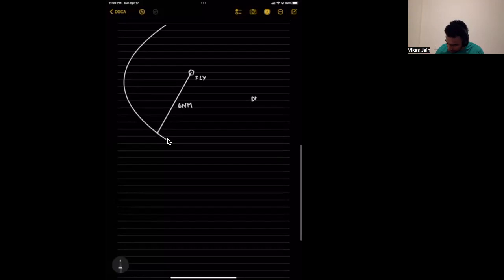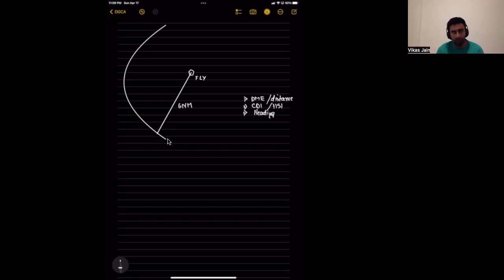First, your DME distance, which keeps you at that distance. That's why it's called a DME arc, or distance in the case of GPS. Second, your CDI or HSI. CDI is the course deviation indicator and HSI is the horizontal situation indicator. And the last one is your heading indicator.